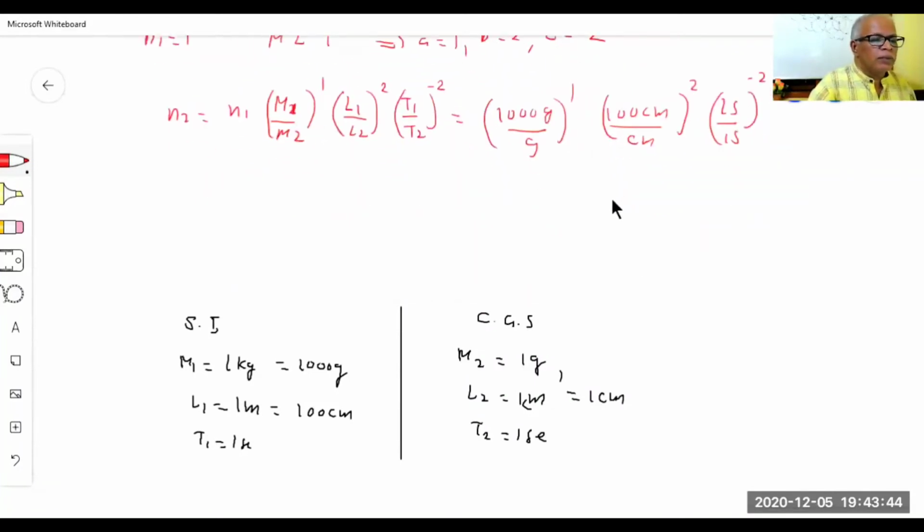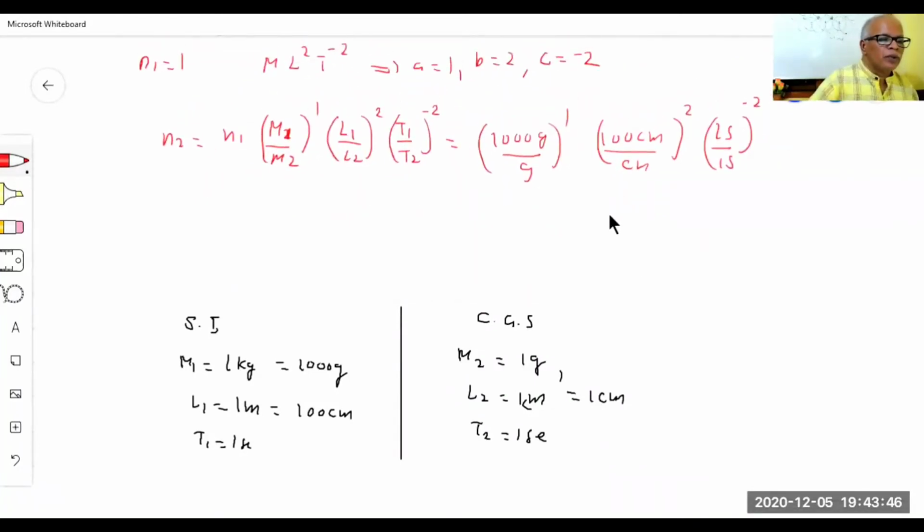So what will get simplified? The gram ratio will become 10 raised to 3, N1 is 1, 10 raised to 3 times 10 raised to 4 into 1.